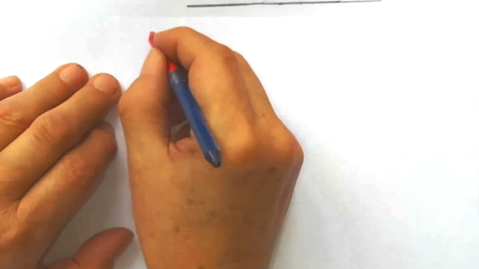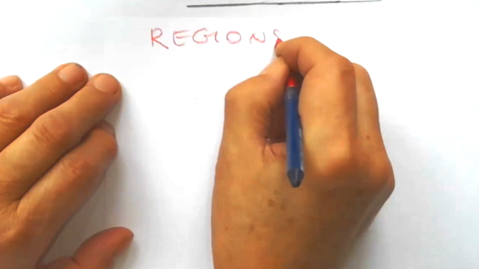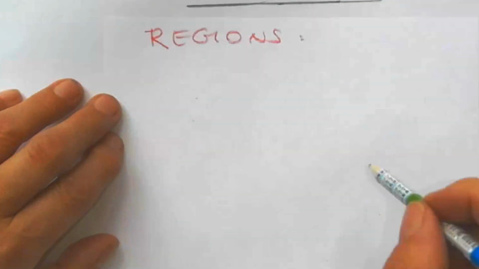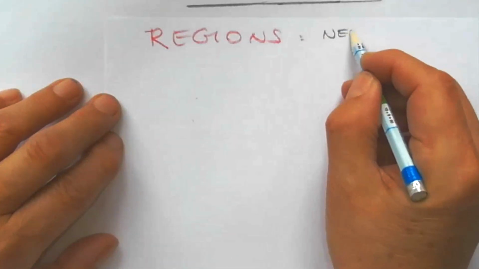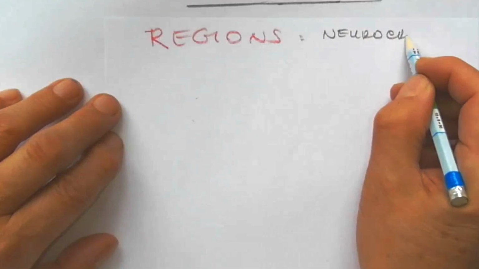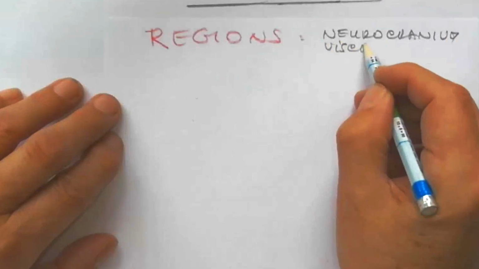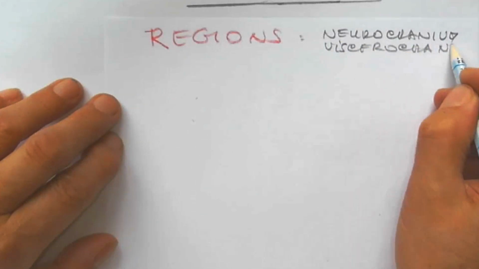So we could say some words about the regions. The title would be the topographical regions or areas, and we divide them into the regions situated in the face and belonging to the neurocranium, and also viscerocranium or viscerocranial, facial part.